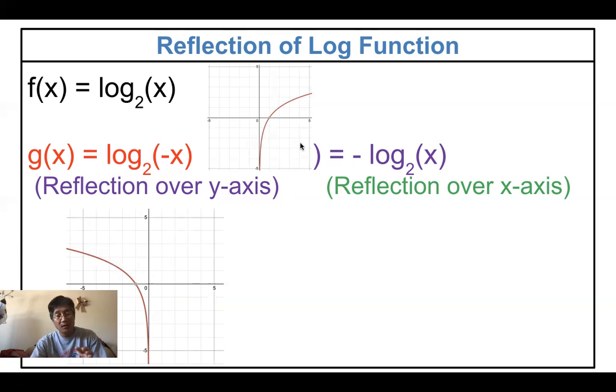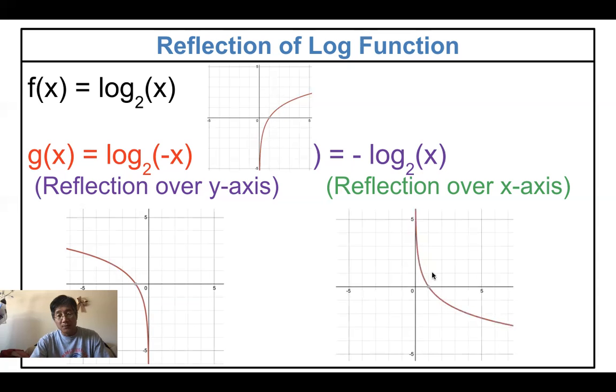Positive becomes negative, negative becomes positive. Make sense? That's why it's a reflection over the x-axis. So if you draw the graph, it'll be like this: negative goes to the positive side, and the positive becomes negative. The vertical asymptote is the same here.